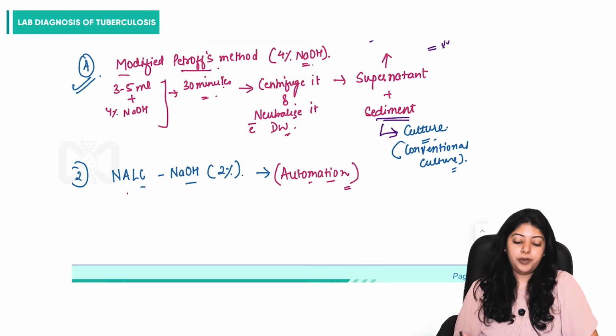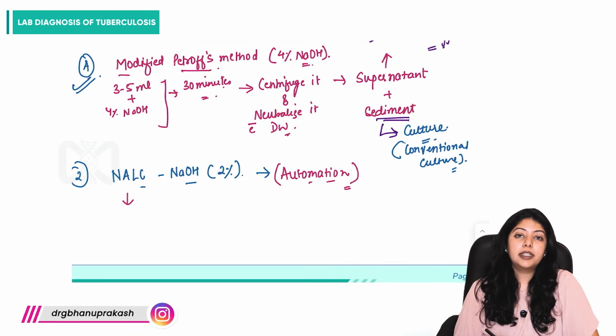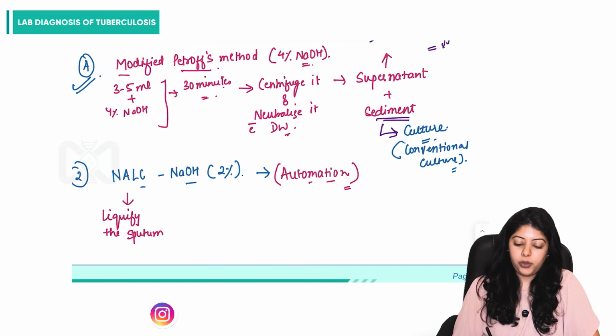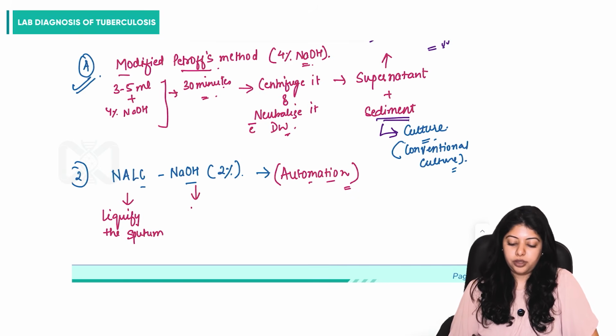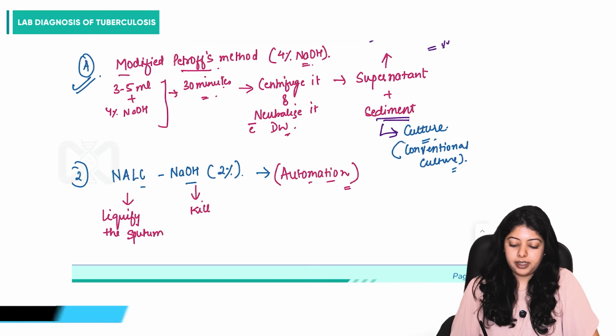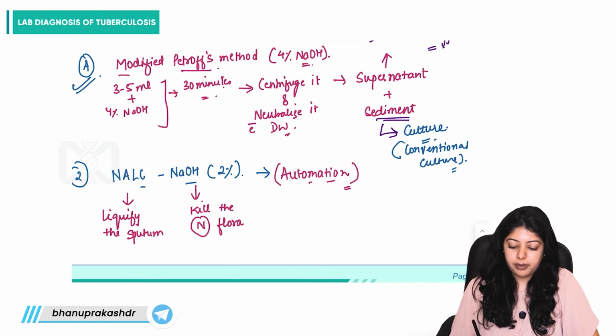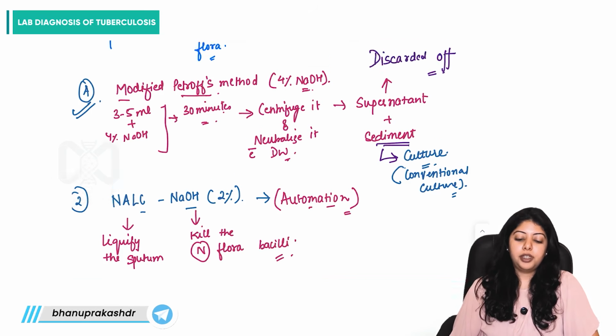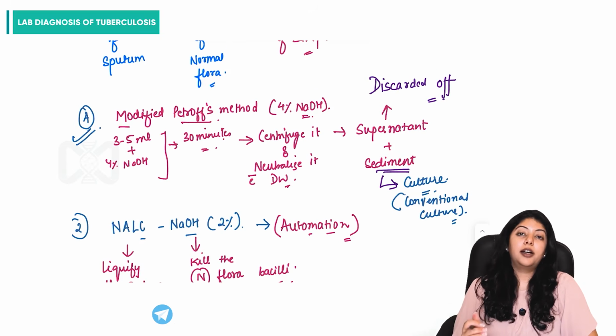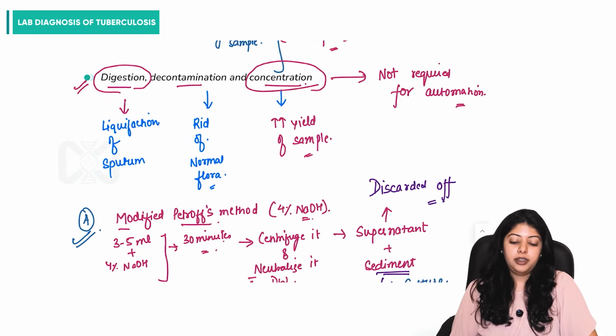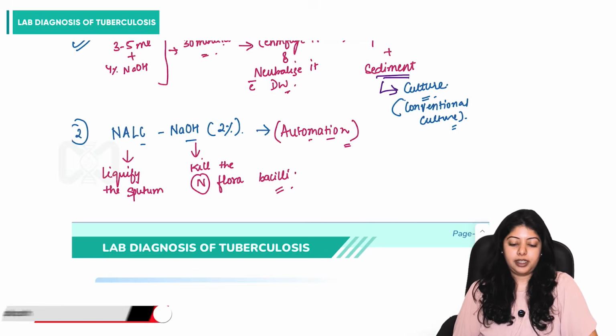N-acetyl-L-cysteine is going to liquefy the sputum, and NaOH is going to kill the normal flora and bacilli. So these are the two methods which are used for digestion, decontamination, etc.